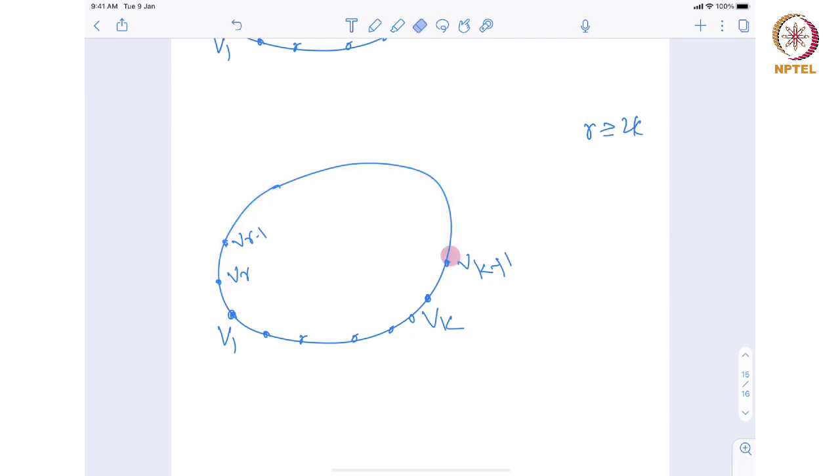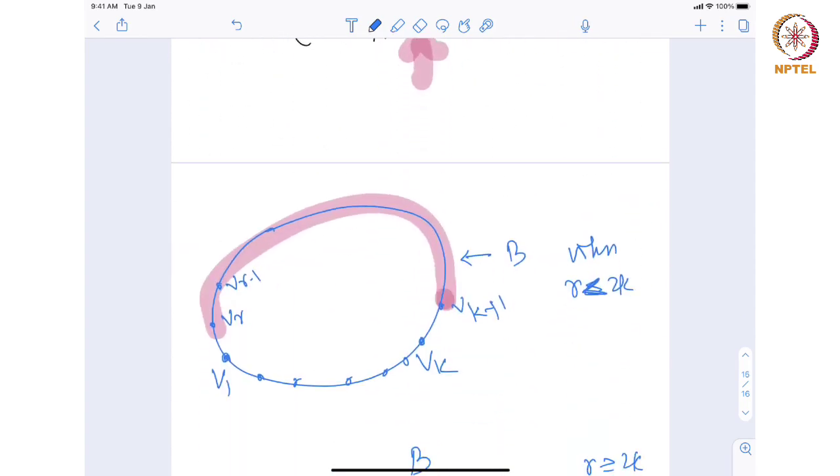In that case, I start with Vk plus 1 and I go and I stop. This is my B. And what is the property of this? This is nothing but V2k. So I do not go further. All I take at this point is the next k vertices after Vk. So this is how we have constructed our B.